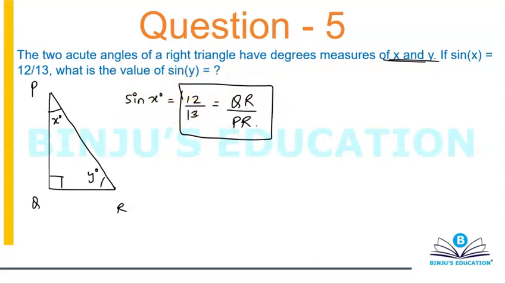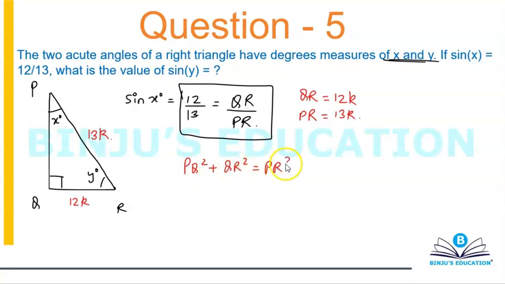So what I can do is I can write QR as 12K and PR as 13K. So this is 12K and this is 13K. Now you can use the Pythagoras theorem and you can say that PQ square plus QR square is equal to PR square.